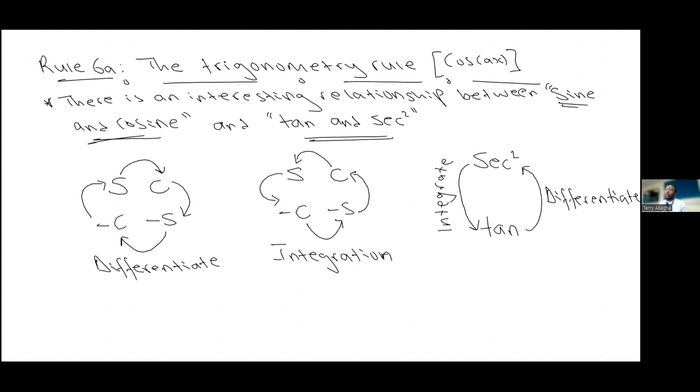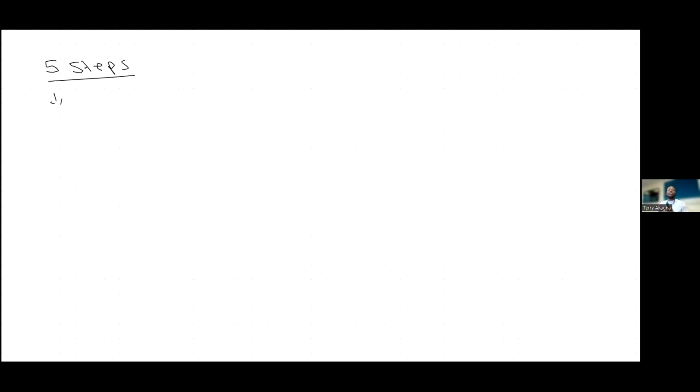So let's start. The 5 steps on how to integrate: the first thing you have to do is convert the trigonometry sign to the appropriate integral form. Basically, based on what we talked about here, you have to convert. So if, for instance, you had cosine, you have to convert it to sine. So that means you have to convert the trigonometry sign to the appropriate integral form.